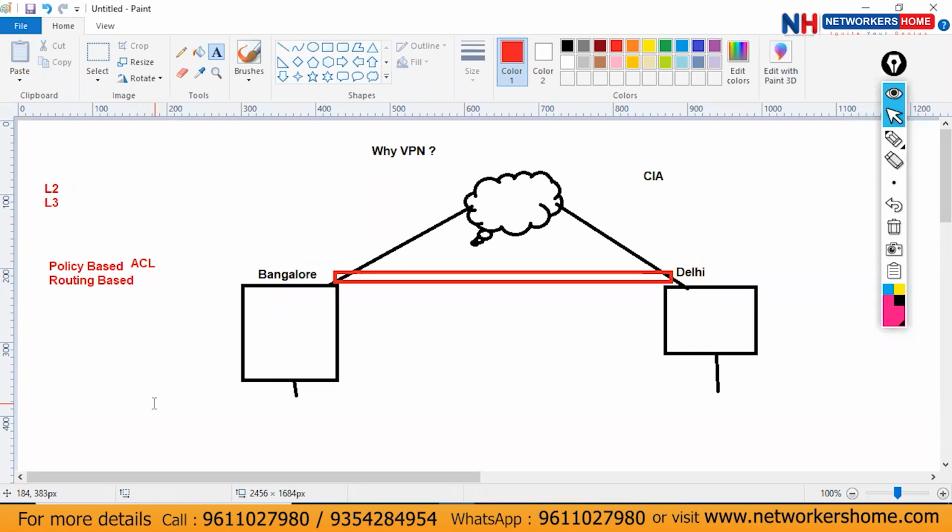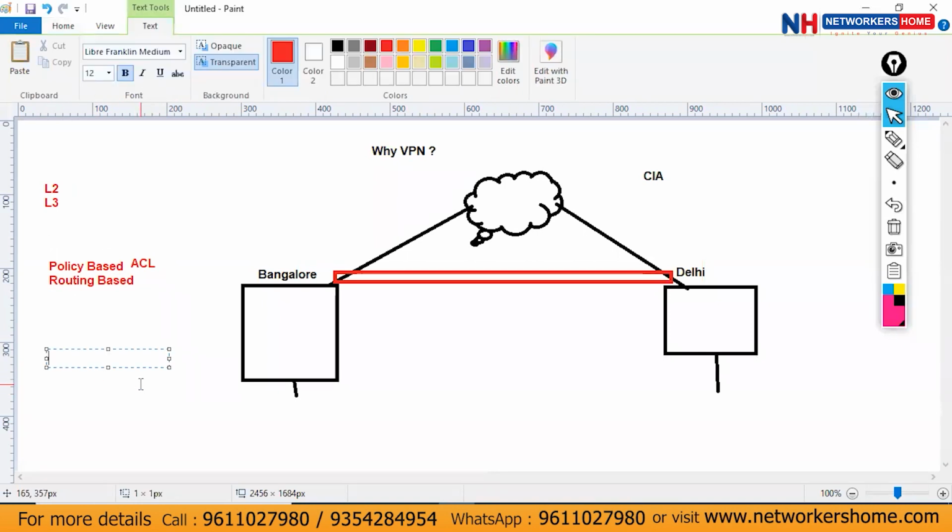Did I tell anywhere site to site VPN or DMVPN? No, I told either L2 VPN, L3 VPN, or policy based VPN or routing based VPN, or based on the security. What are the current protocols that we use to implement security? Either we have IPsec or we have SSL or TLS.